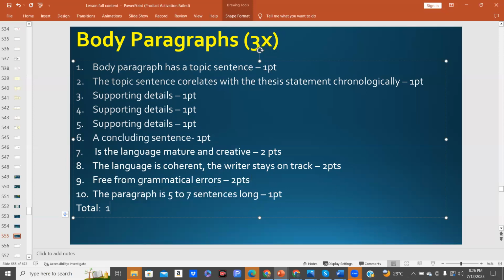So altogether, it's 13 points as well. Okay, so what is 13 times 3? 26. 13 times 3? 39. 39, very good. So far you're gonna get, no, let's do 13 times 4, because the introduction was 13, right?